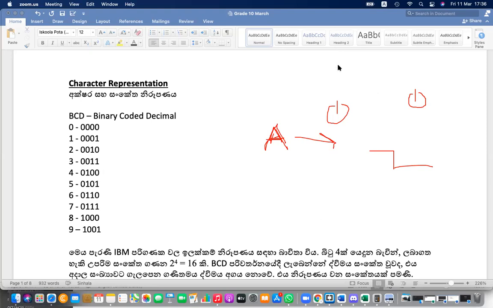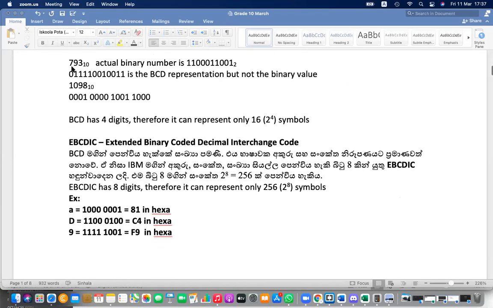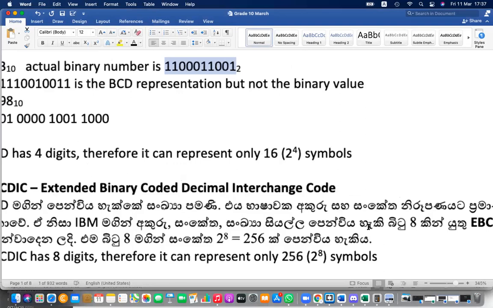The very first method was introduced by IBM, which stands for International Business Machines. They introduced a method called binary coded decimal. We discussed that, right? In this binary coded decimal method, numbers from 0 to 9 are represented using binary codes. If you want to represent a number like 793, the actual binary means after dividing by 2 and writing the remainder.